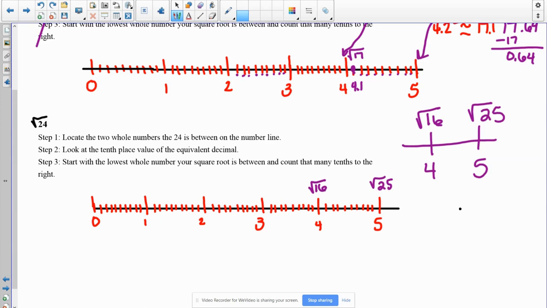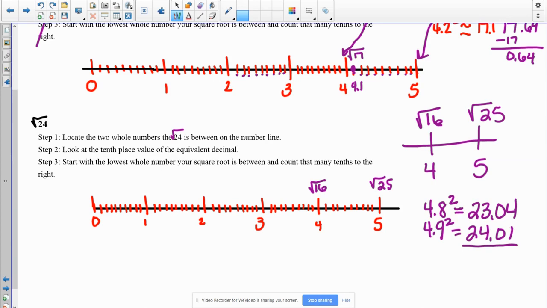I'm going to use this table again, looking for 24. Below 24, 4.8 squared equals 23.04, and 4.9 squared is approximately 24.01. Now we're looking for the square root of 24, so this is totally different. I could do the subtraction, but I can tell this is a 100th off.